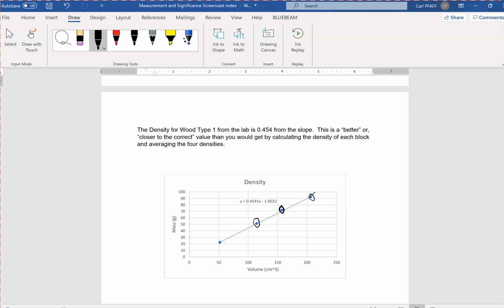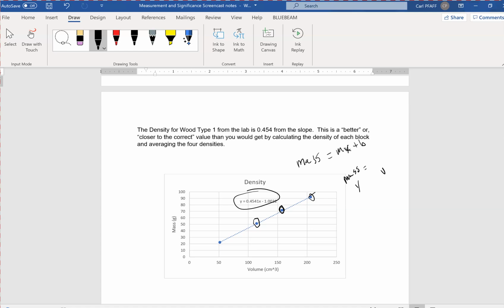and we average them out. So now I have this equation: mass on my y-axis equals mx plus b. Mass is on the y-axis.